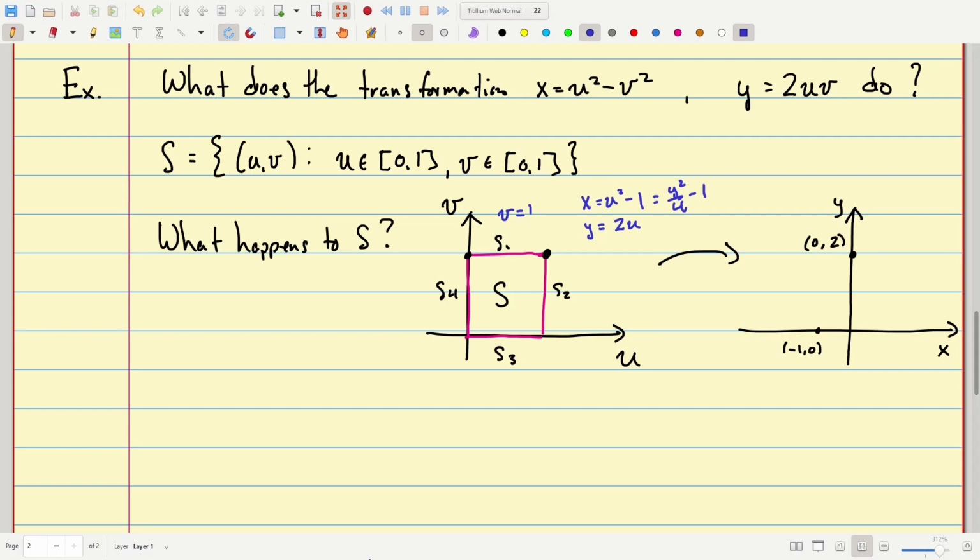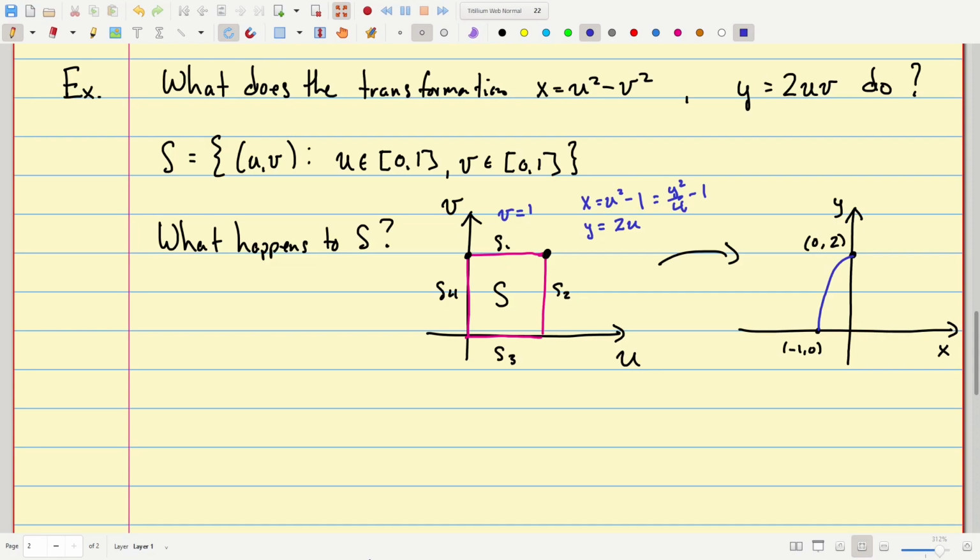So I'm going to get y squared over 4 minus 1. And that is a downward opening parabola that does this, on this segment here. Okay.